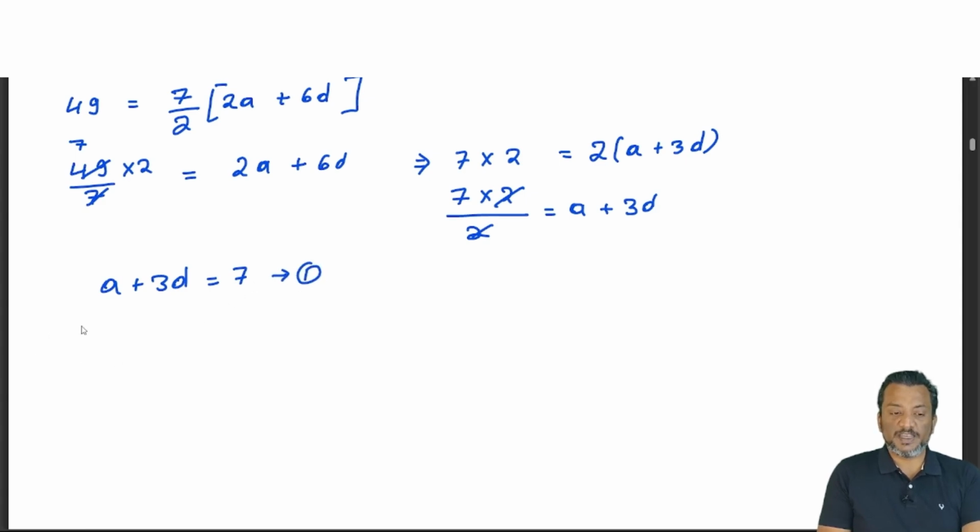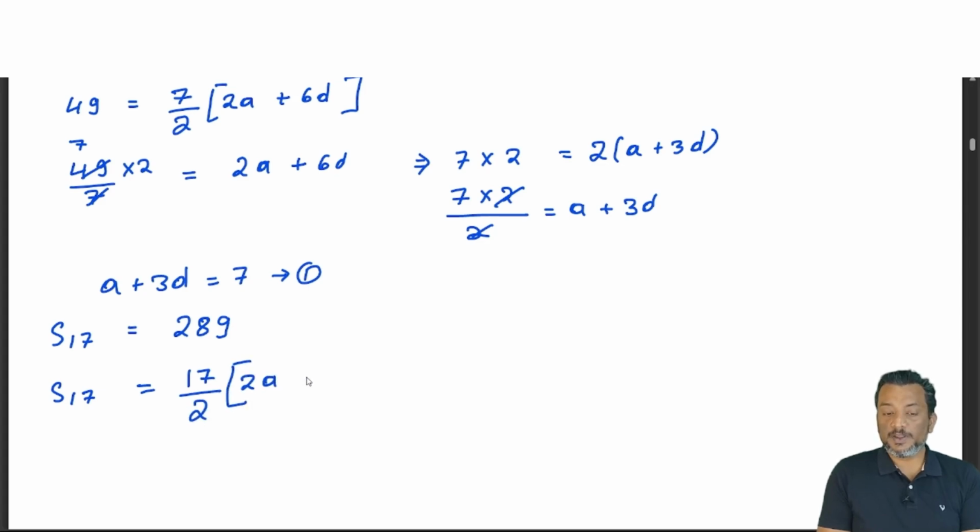Now same way, the sum of 17 terms is equal to 289. So S17 is equal to 17 over 2 times (2a plus (17 minus 1) into d).